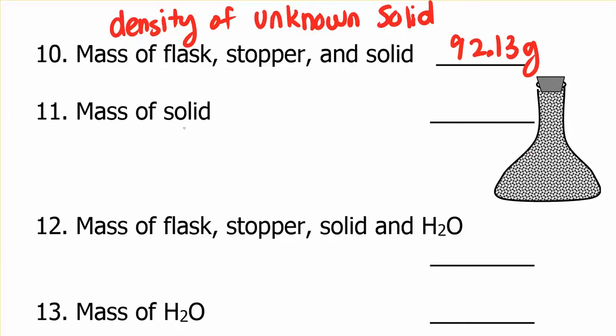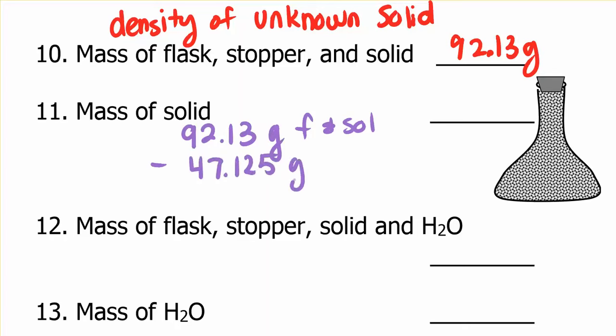To get the mass of that solid, we're going to subtract from the mass of the flask. This is the mass of the flask and solid. And then I'm going to subtract the mass of the flask that I had on the last page, and I'm going to get my mass of my solid only.